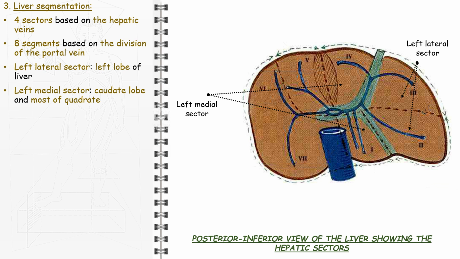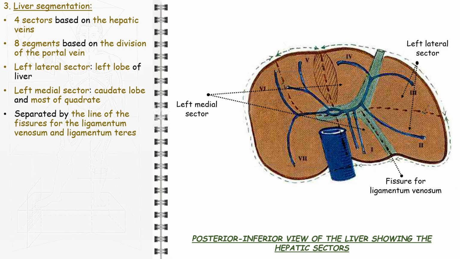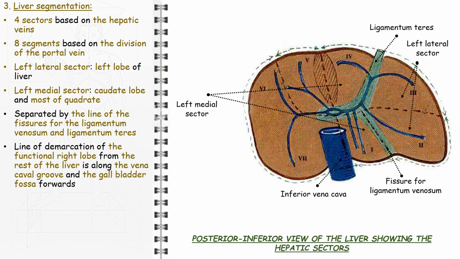They are separated by the line of the fissures for the ligamentum venosum and ligamentum teres. Thus, the line of demarcation of the functional right lobe from the rest of the liver is along the vena cava groove at the back and the gallbladder fossa forwards. The right anterior and posterior sectors have no visible external marking, but the line of division runs obliquely backwards and medially from the middle of the front of the right lobe towards the vena cava groove.